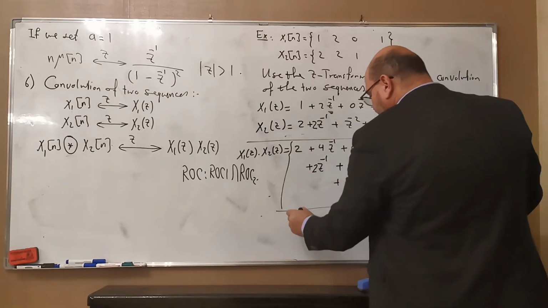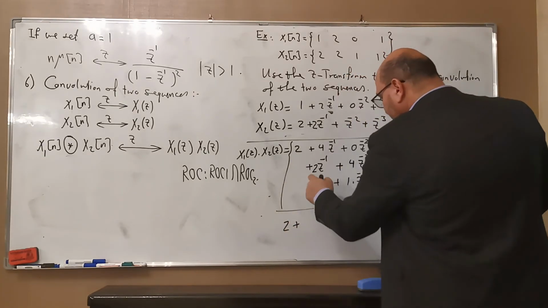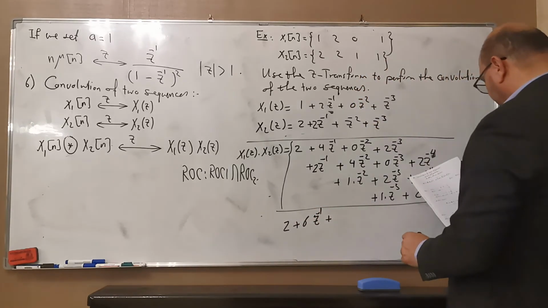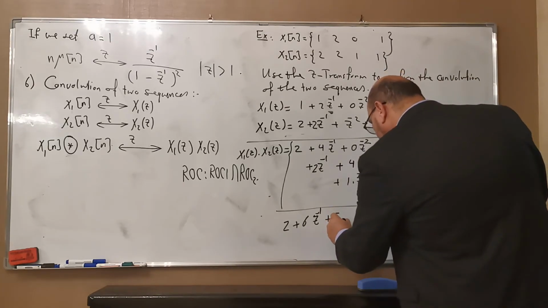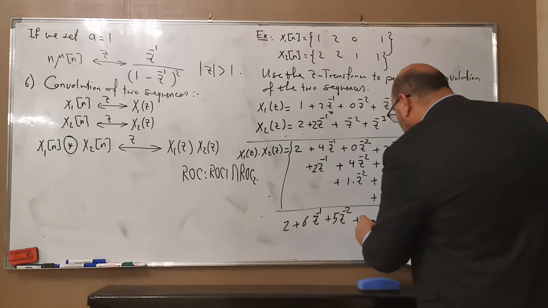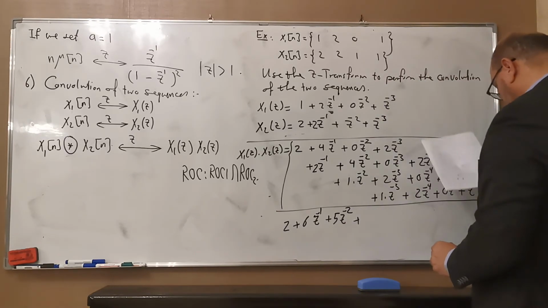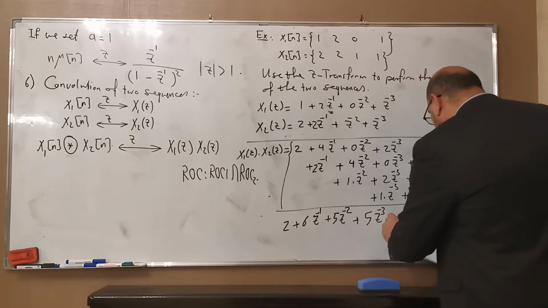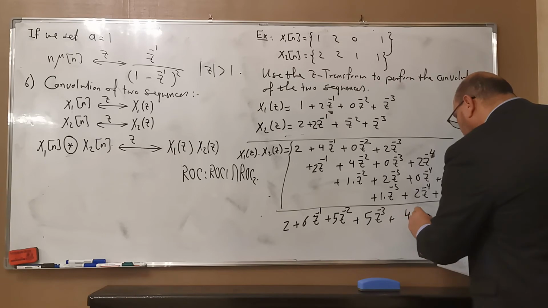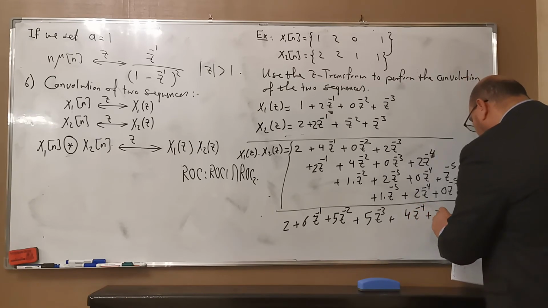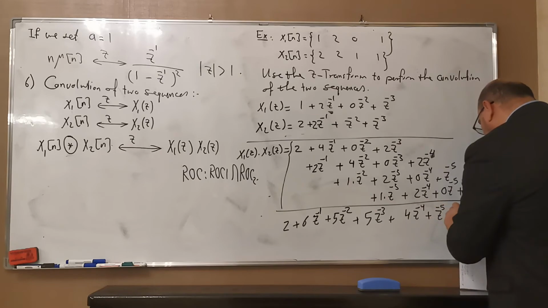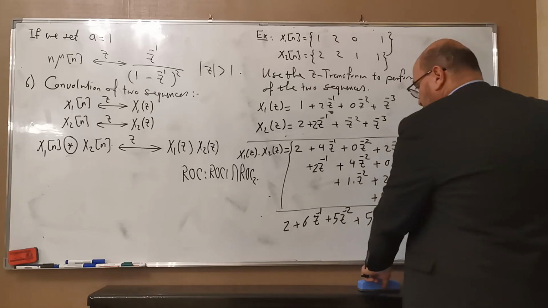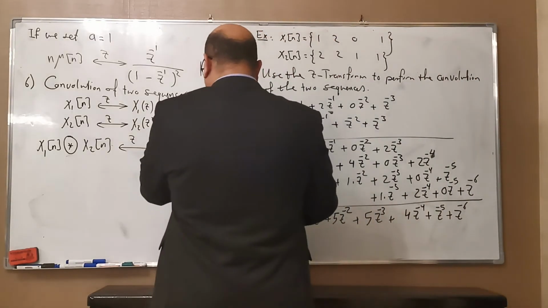So we add here 2 as a constant plus 6 z to the minus 1 plus 5 z to the minus 2 plus another 5 z to the minus 3 plus 4 z to the minus 4 plus z to the minus 5 plus z to the minus 6. So this is the z transform of the convolution of those two.